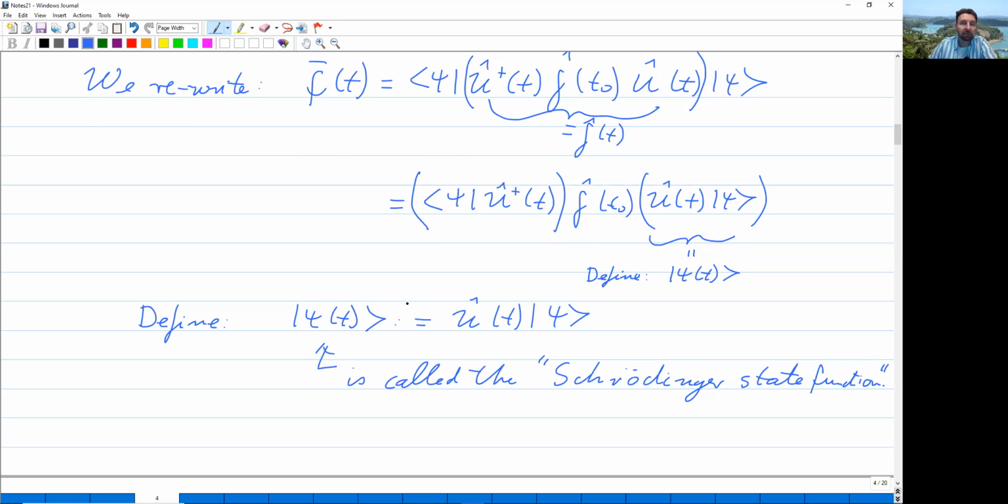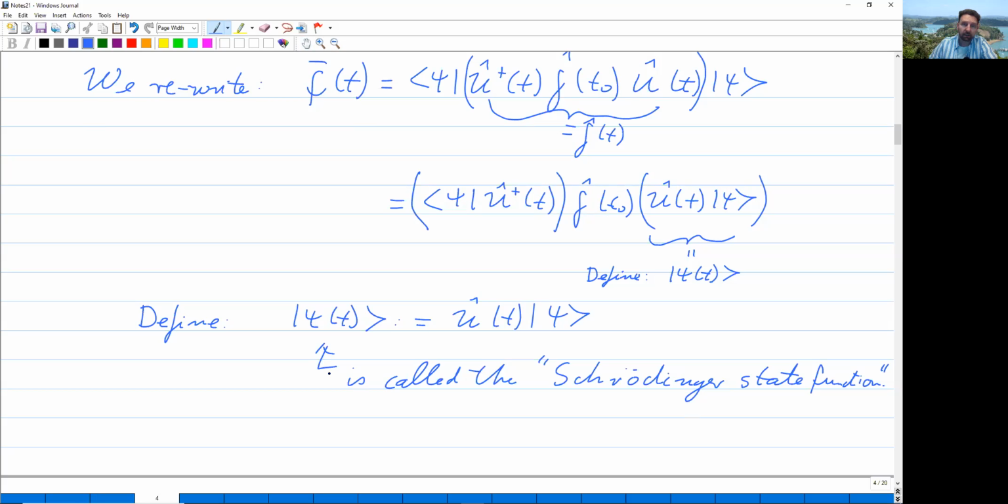Now, do we have any benefit so far from doing this? All we've done is really just bracketed differently. So instead of first multiplying those three matrices and then applying vectors left and right, we are first applying those matrices left and right to the vectors, and then at the end we apply that on the f hat. That's all we've done. It doesn't look like we have simplified anything.